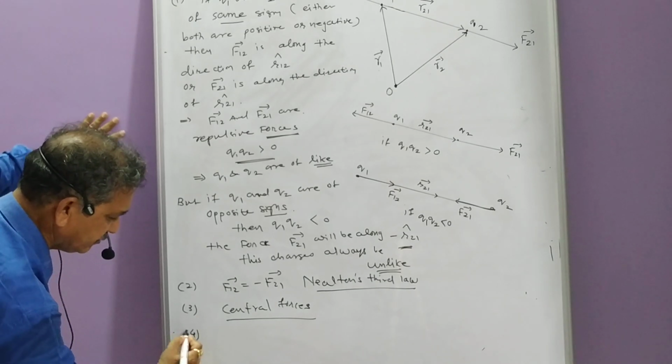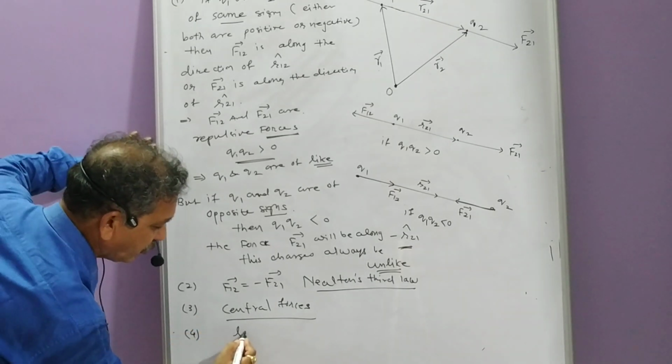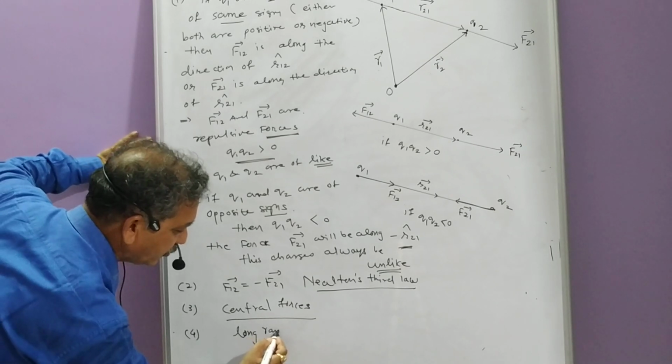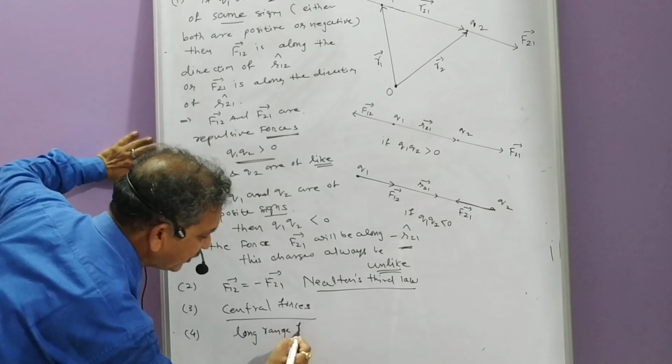The fourth one is that these Coulombian forces are always long range forces. What is the meaning of long range force?